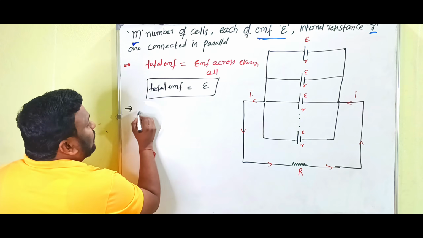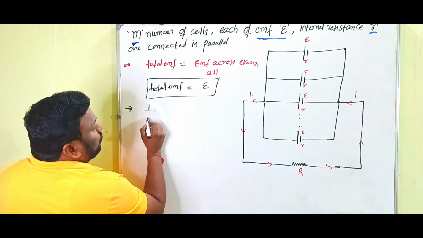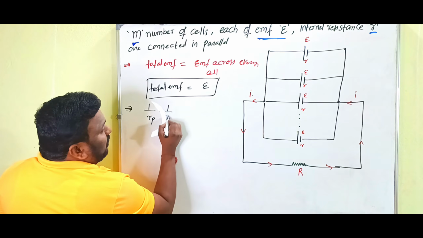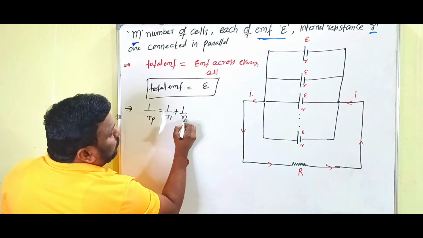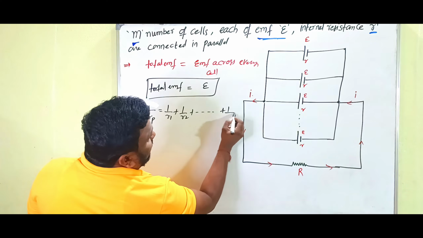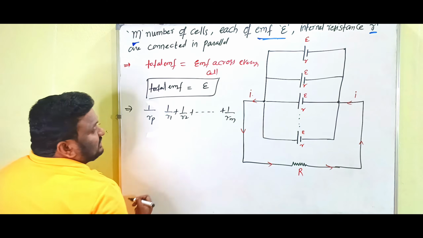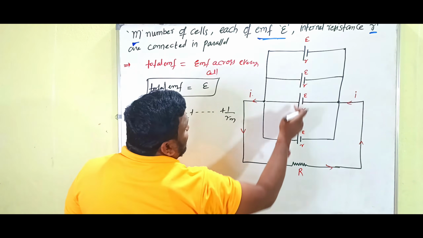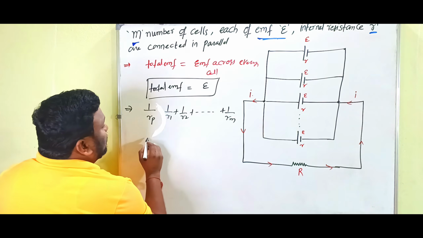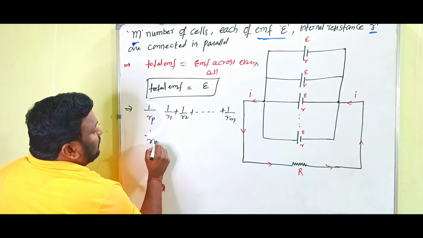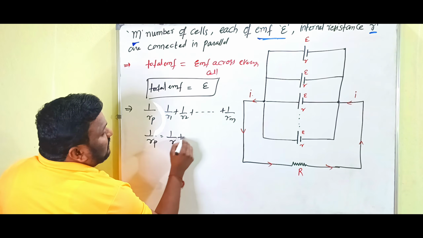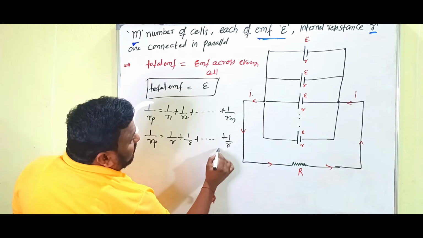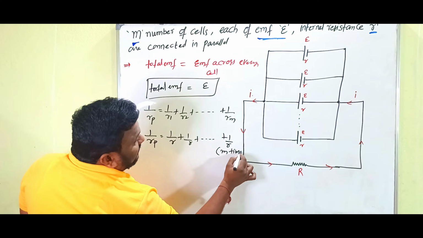In parallel combination, what is the formula? 1 by Rp is equal to 1 by R1 plus 1 by R2 and so on up to 1 by Rm. Here all have the same internal resistance, so we write 1 by Rp is equal to 1 by r plus 1 by r and so on, m times.